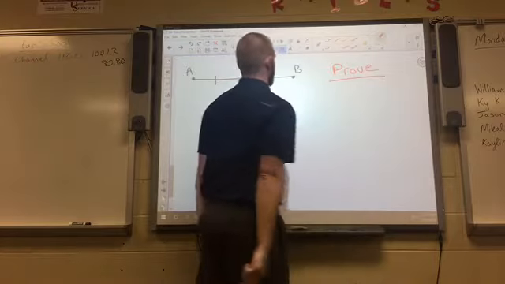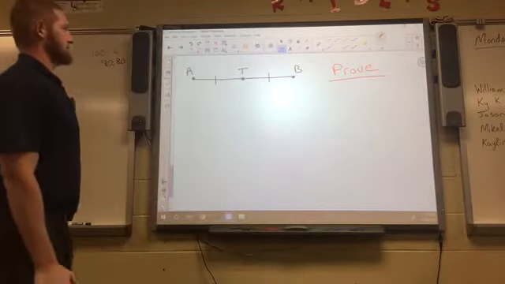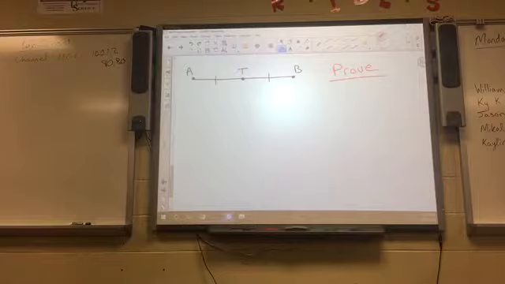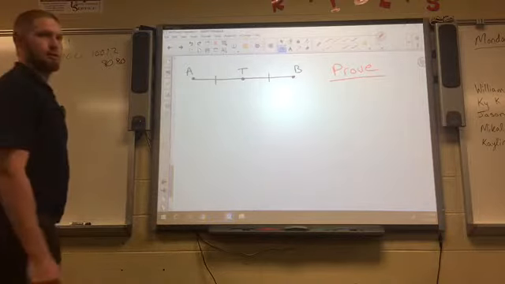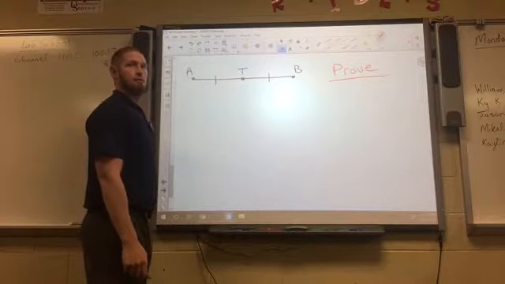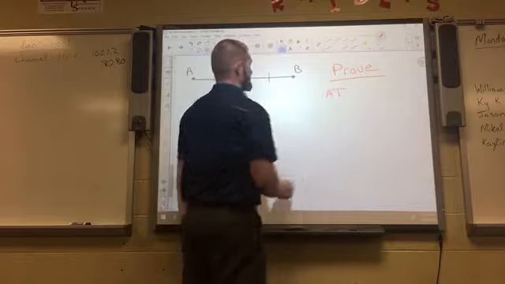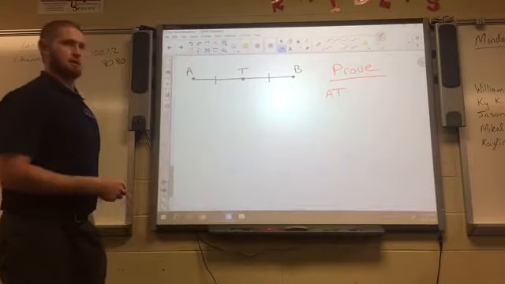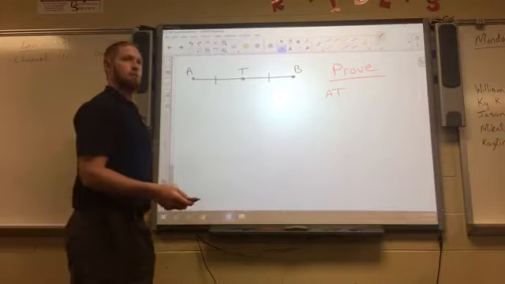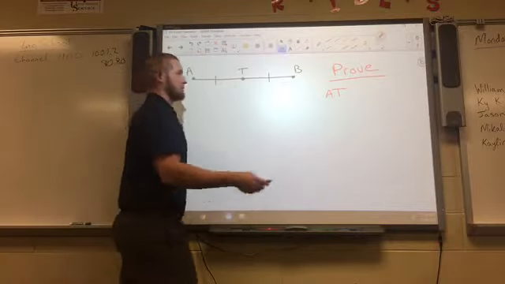is they want us to prove that the distance from the trash can to the left exit, which would be what segment? AT, segment AT. They want us to prove that AT is, which means, in math, what's is mean? Equal, good.